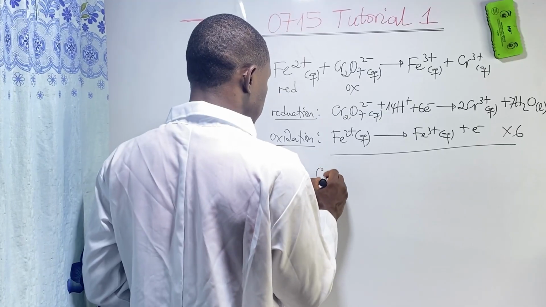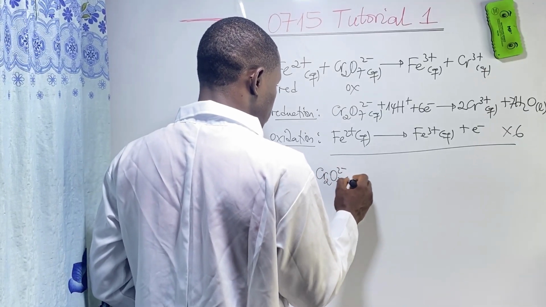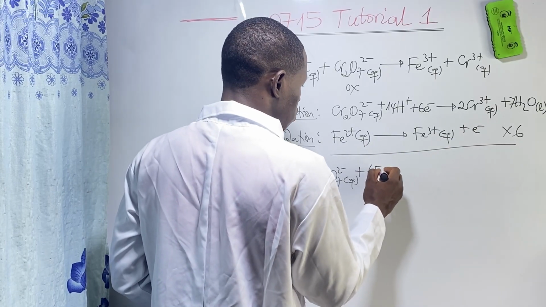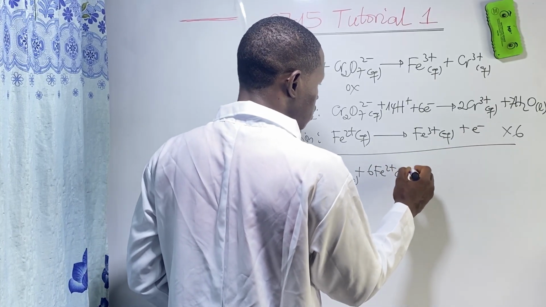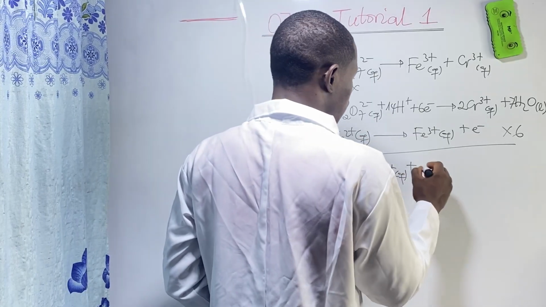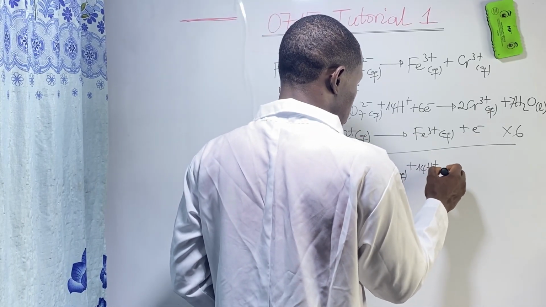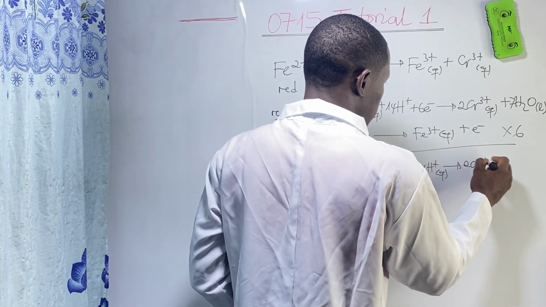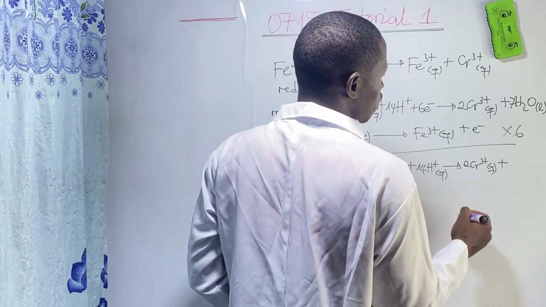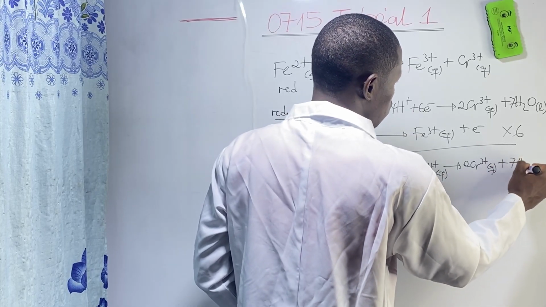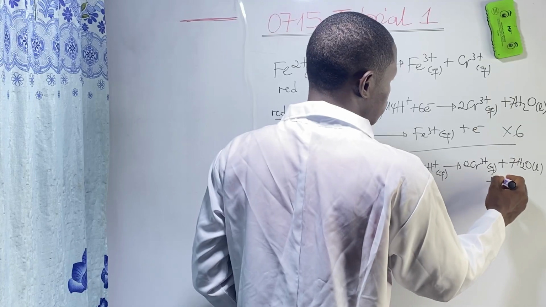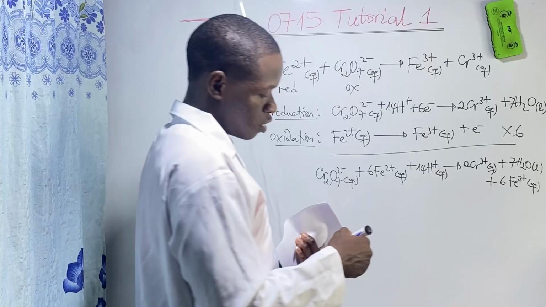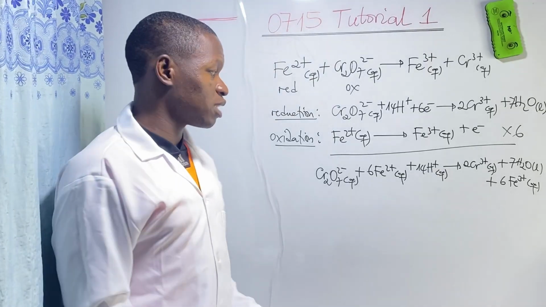So we shall have the balanced equation as dichromate aqueous plus 6 iron 2 plus aqueous plus 14 H plus aqueous gives us 2 chromium 3 plus aqueous plus 7 water liquid plus 6 iron 3 plus aqueous. That is the balanced redox equation.